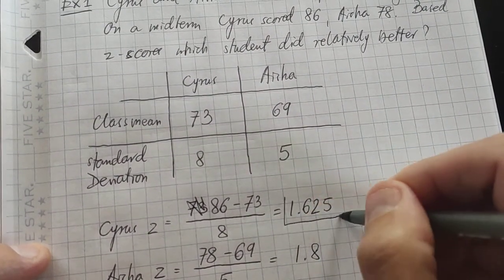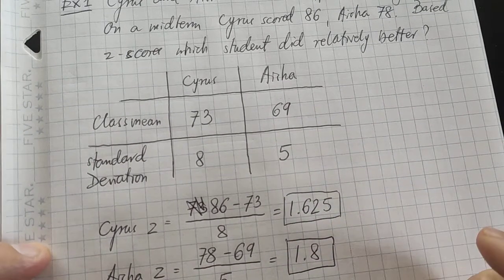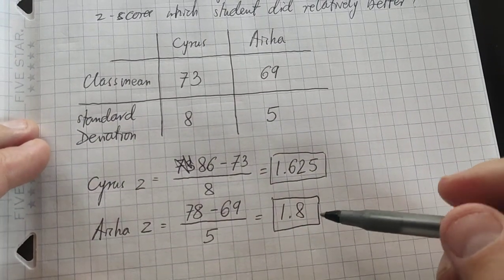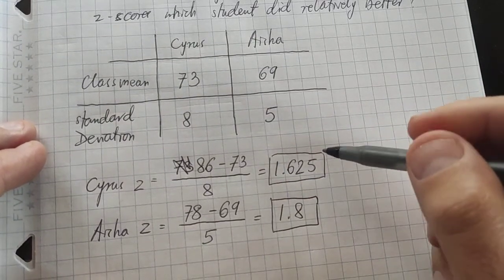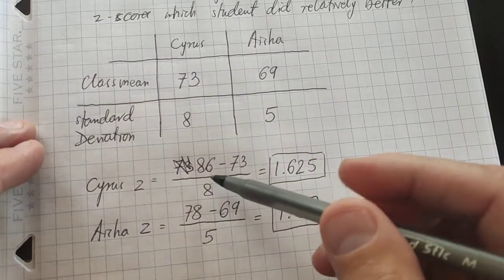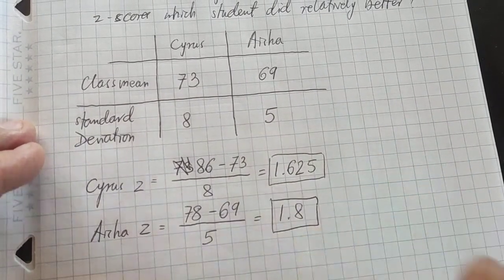These are the z-scores of these two students. We can see that Aisha actually did better compared to the students in her class than Cyrus did, even though Cyrus scored more, 86 versus 78.